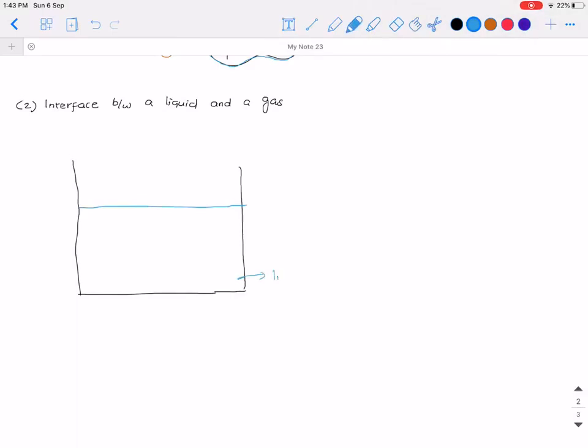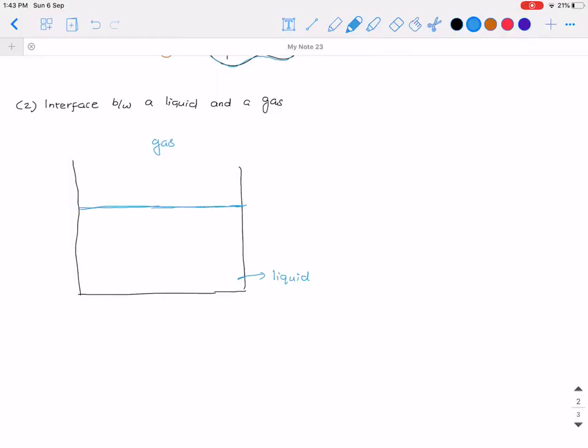This is the liquid, and it comes in contact with the gas above. Whenever a liquid comes in contact with the gas, an interface develops between these two phases. So this is the interface that develops between these two phases.